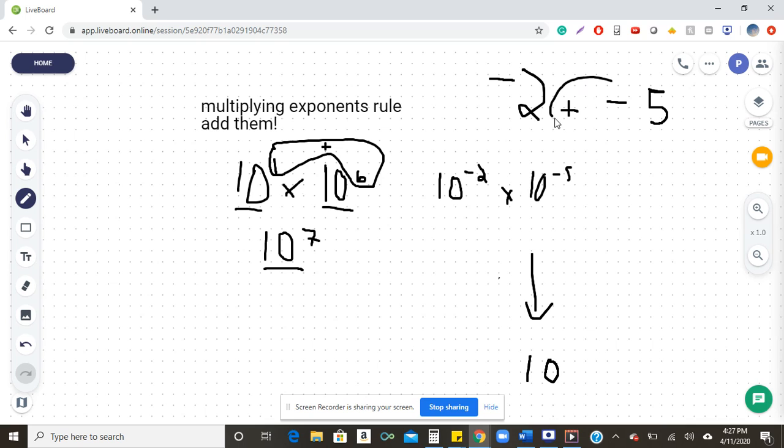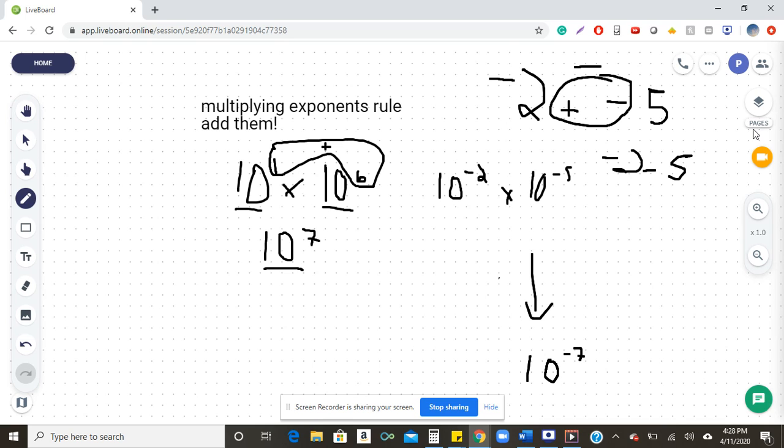So if we have our positive and our negative, we are going to end up with negative. So we have negative 2 minus 5. So negative 2 minus 5 equals negative 7. So we end up with 10 to the negative 7.